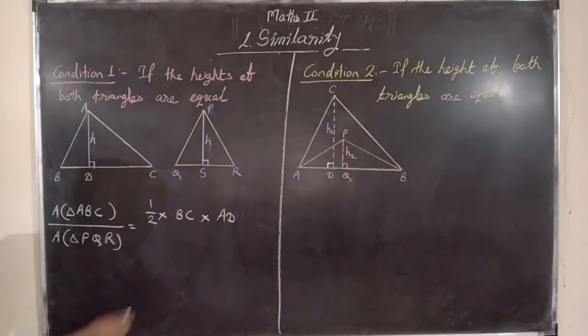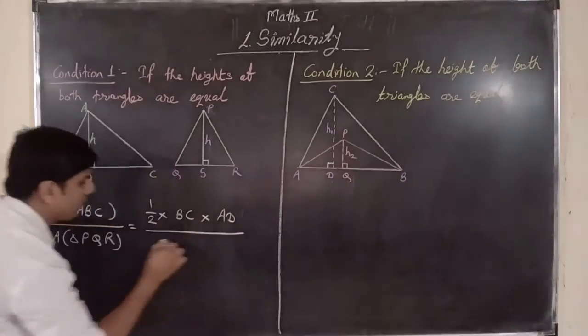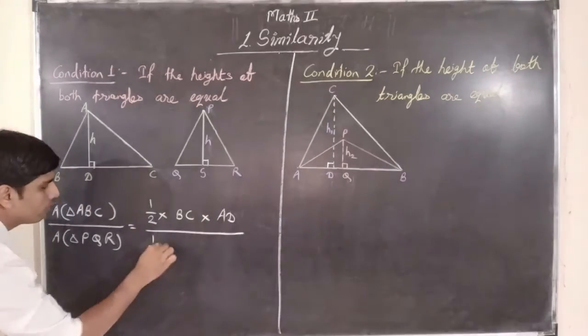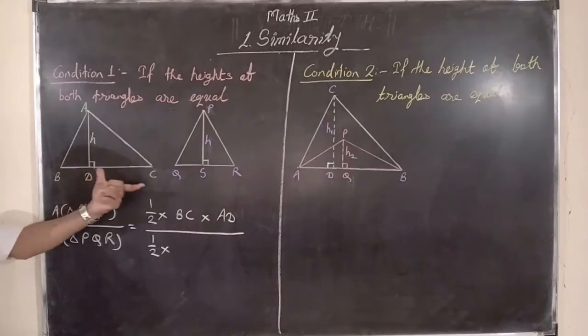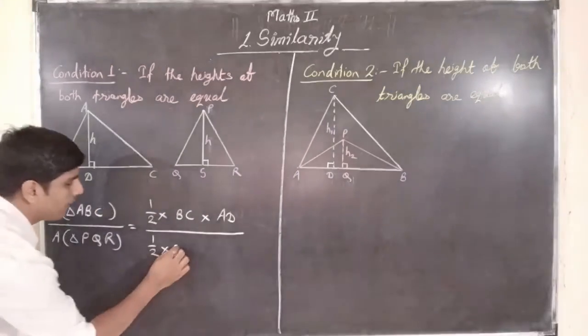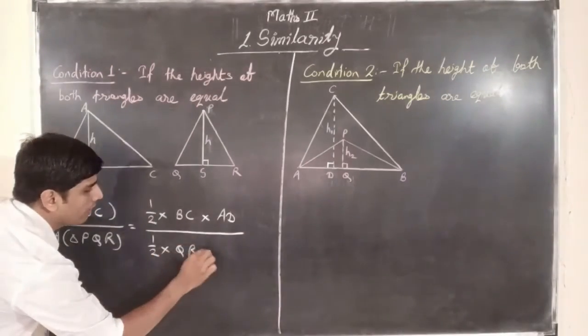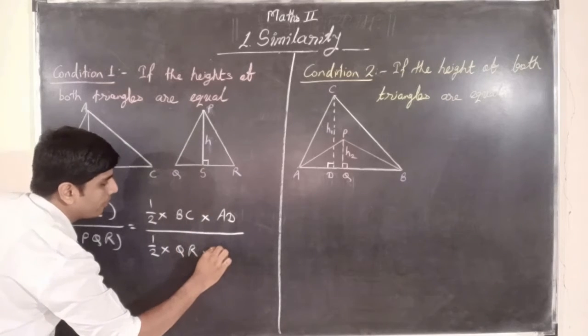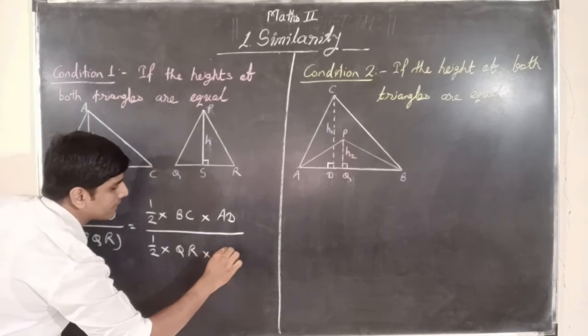In the denominator, again 1 by 2 into the base of another triangle, that is QR, and the height of that triangle, that is PS.